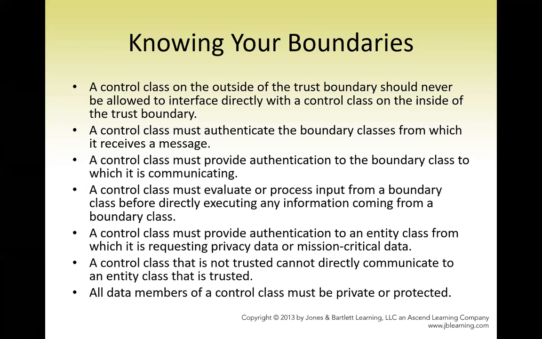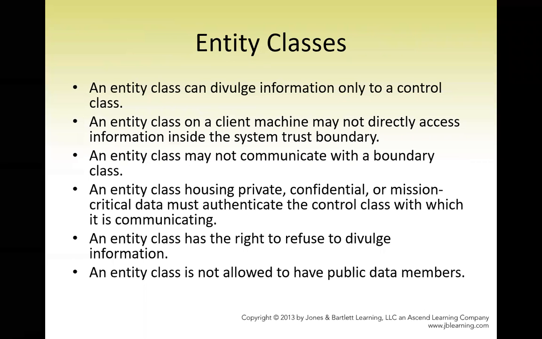A control class must provide authentication to any entity class from which it is requesting private data or mission critical data. A control class that is not trusted cannot directly communicate to any entity class that is trusted. All data members of the control class must be private or protected.